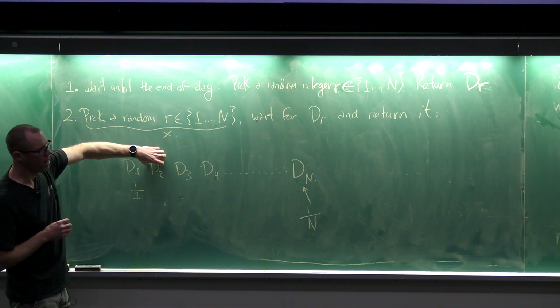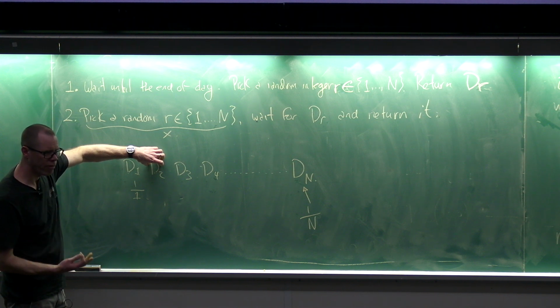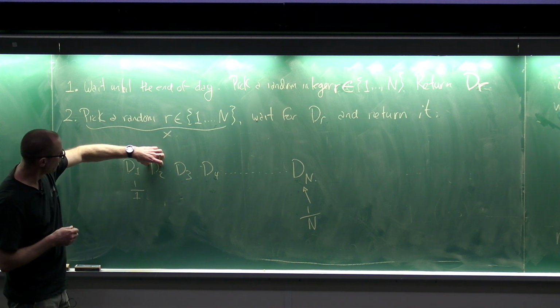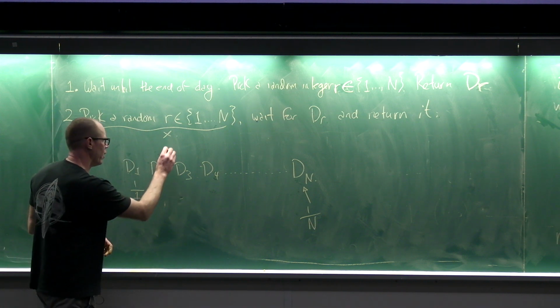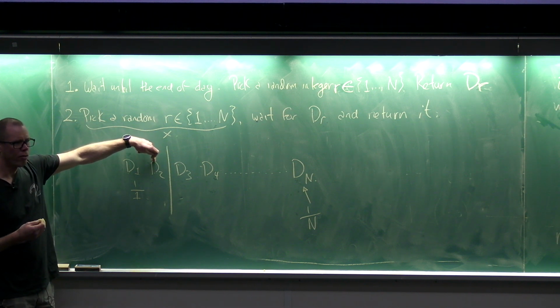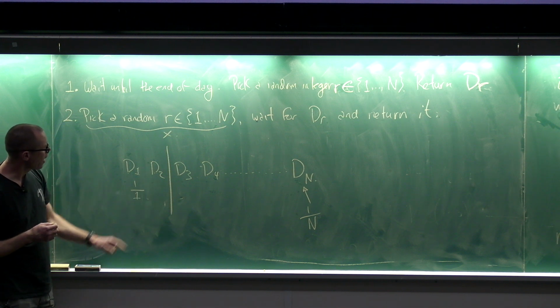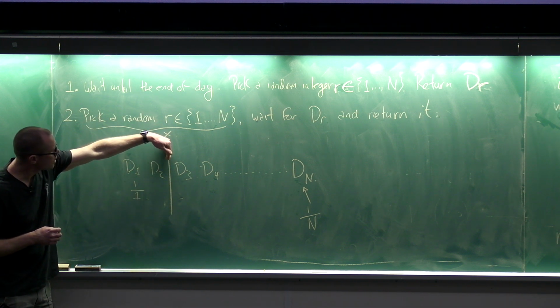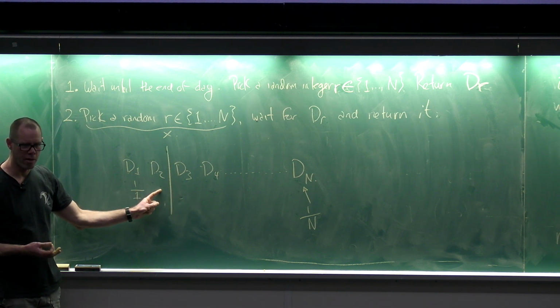And then the second item comes along. With probability 1/2, we save it. And with probability 1/2, we don't save it. So if that were the end of the day, and now we return whatever we have, does that work? Yes, because if this is where the day ends, with probability 1/2, we'll return D2 because we decided to save it.